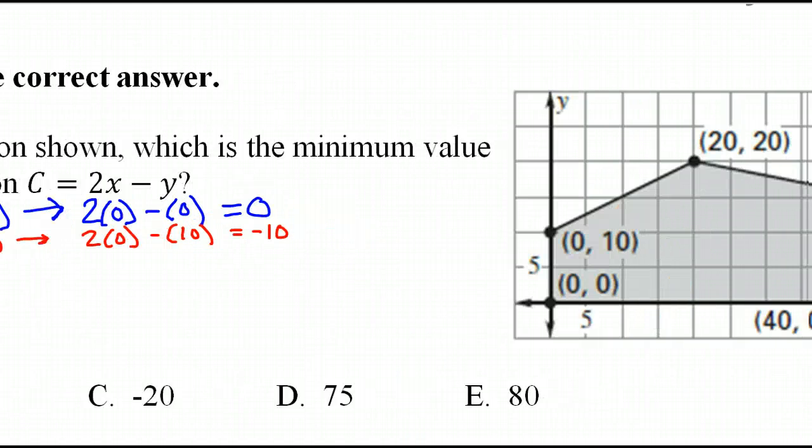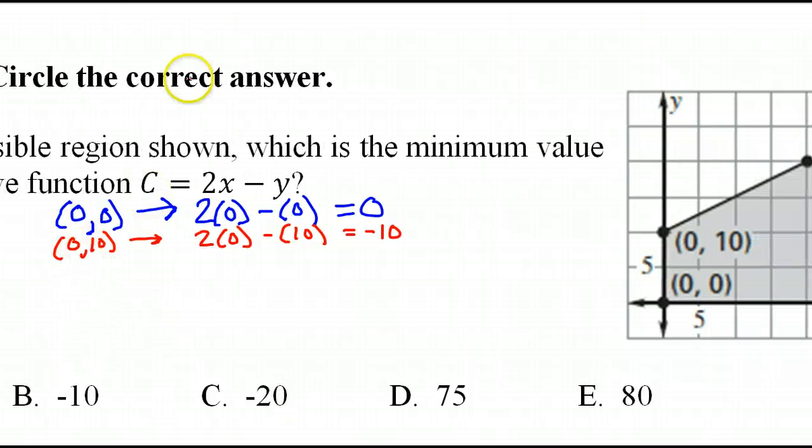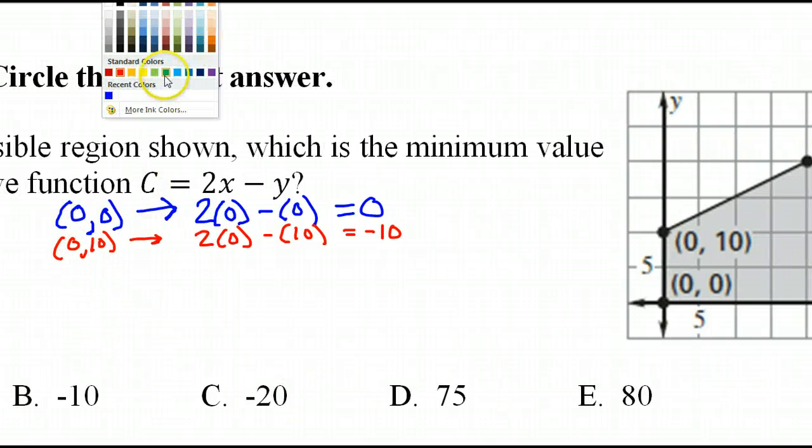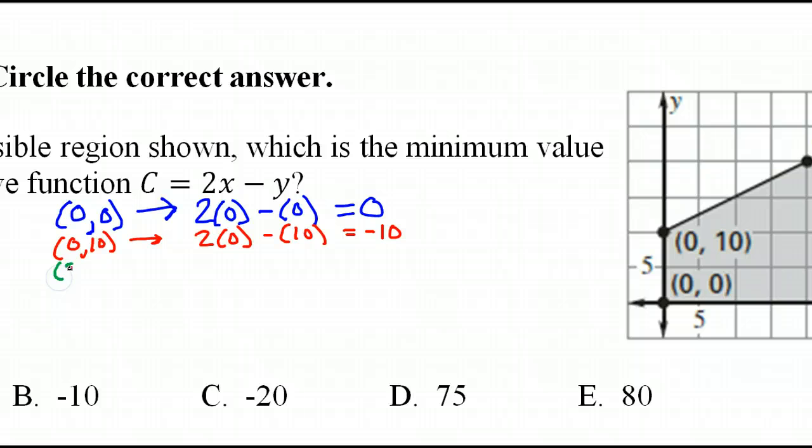If I do 20, 20, then I have 2 times 20 minus 20. So that's 40 minus 20, so that's 20.